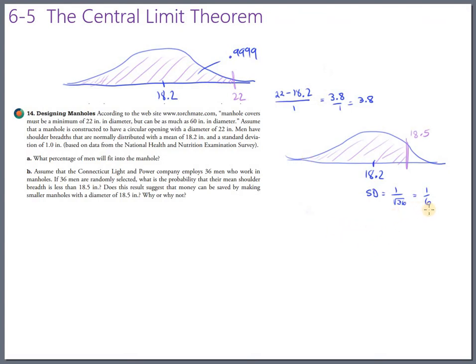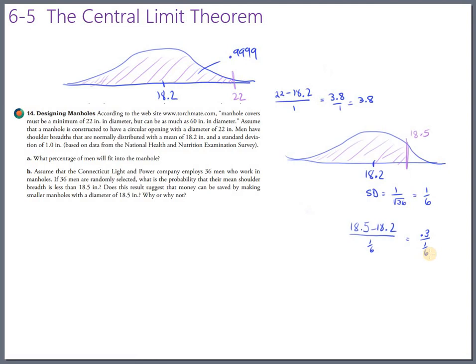And so we just need a z-score for 18.5. So that'll be 18.5 minus 18.2 divided by 1/6 this time rather than 1. So that'll be 0.3 divided by 1/6.